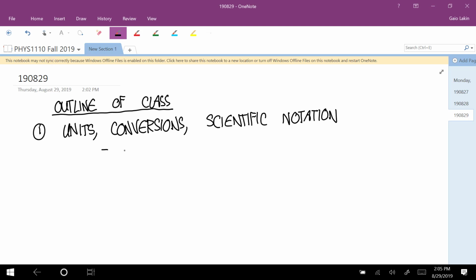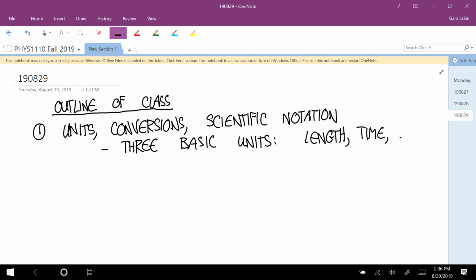There are three basic unit types that every other unit in this class are going to be made out of. It doesn't actually have to be these three, but all the stuff that we're going to cover in this class can be made as a combination of three units. The ones that I'm going to call the fundamental units are length, time, and mass.